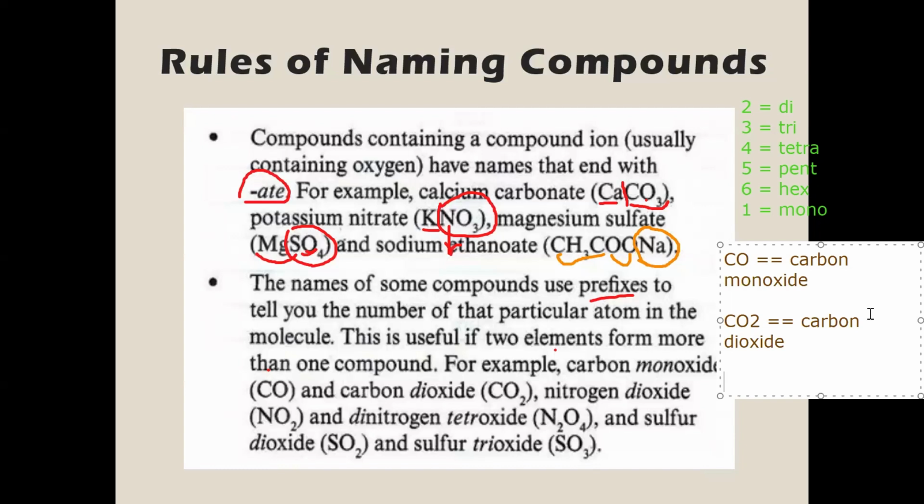If we have SO2, S is sulfur. The name of the element is sulfur. And how many oxides? 2. Dioxide.